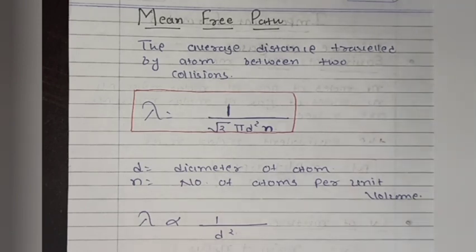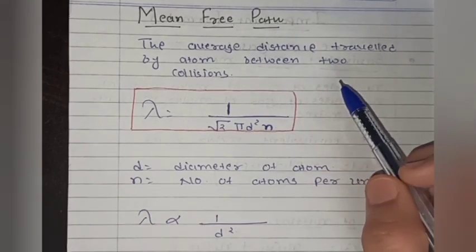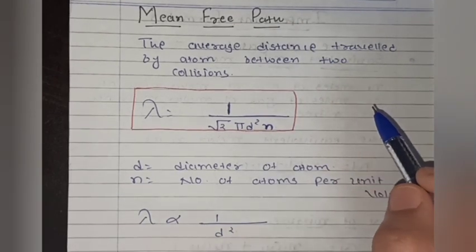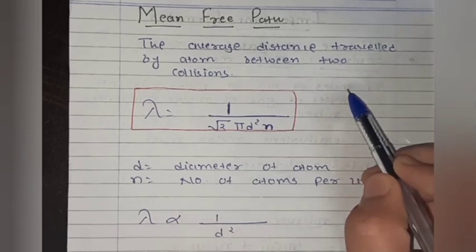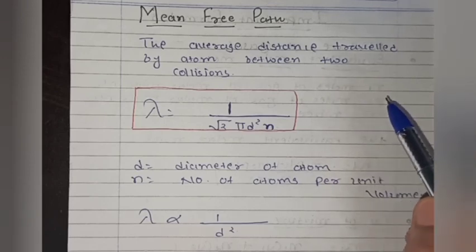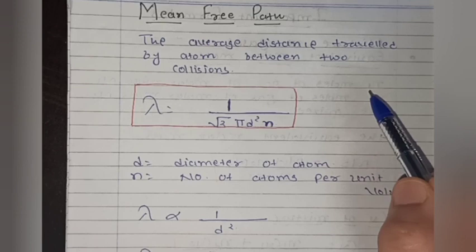Now we will discuss mean free path. What is the meaning of mean free path? Whenever a gas is kept in a container, it will constantly move inside the container and it will constantly collide with other molecules and the wall of the container.